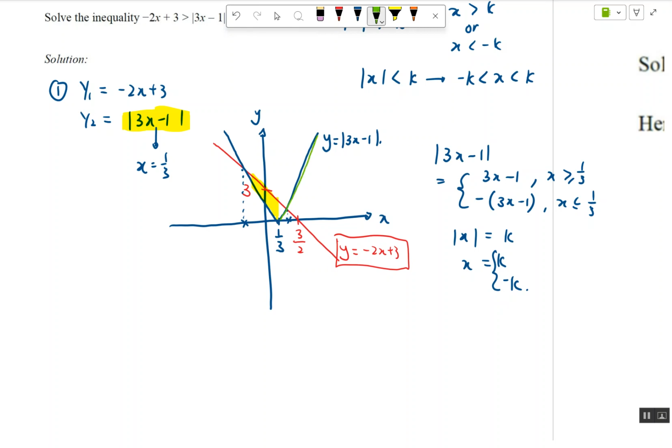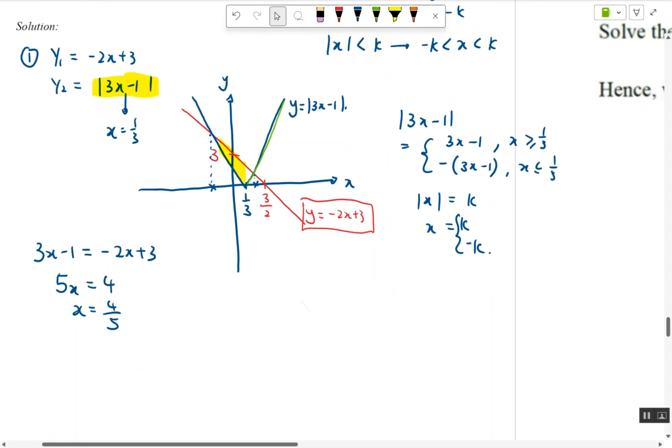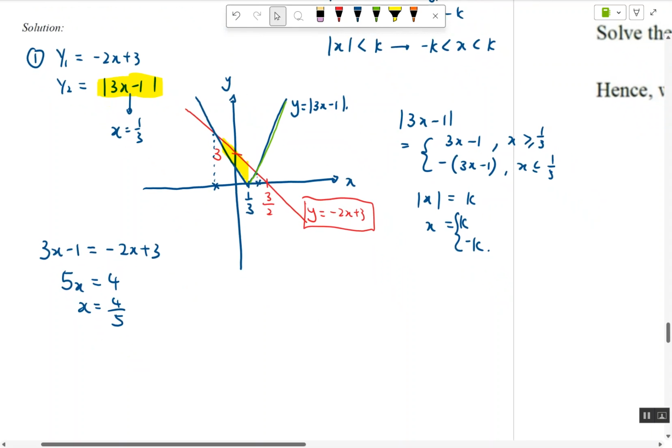For the graph on the right side, which I'm going to use green, we are talking about 3x minus 1, and I'm going to equate it to the red graph, negative 2x plus 3. When you bring over, you have 5x equals 4, x equals 4 over 5. The other side, the blue one on the left side, is talking about the negative of 3x minus 1 equals negative 2x plus 3.